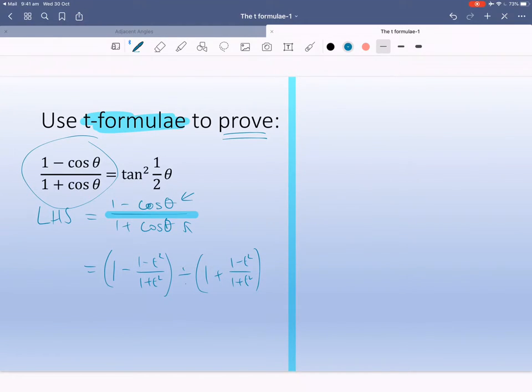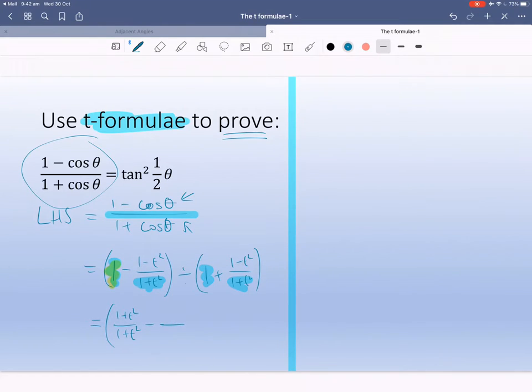And now what I'm going to do is use equivalent fractions to change this 1 to having that in the denominator. So hopefully you're following along. If not, please ask questions. 1 plus t squared over 1 plus t squared is actually just 1, isn't it? Because it's the same thing at the top and the same thing at the bottom.